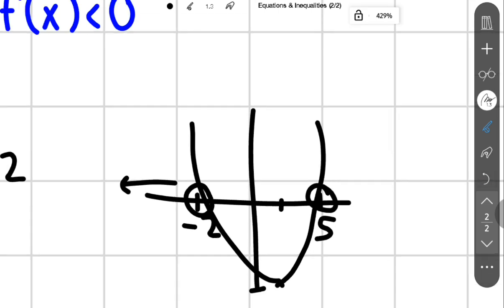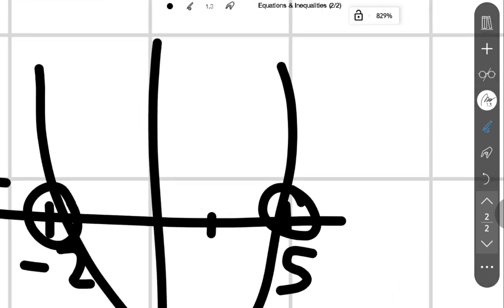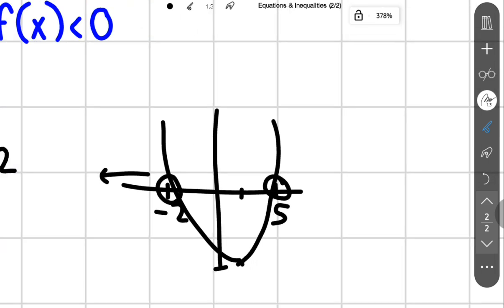And also for x greater than 5, you get to notice that the values of y are greater than 0.